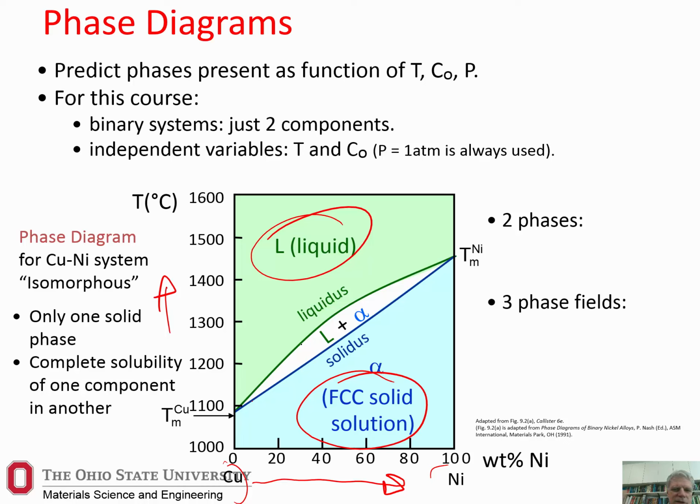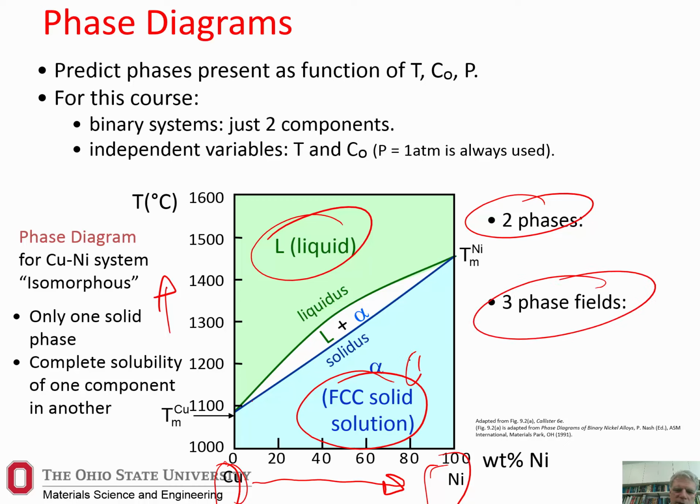These things tend to phase segregate. The compositions are not uniform. So you've got two phases, a copper-rich phase and a nickel-rich phase, and you've got three phase fields. One down here is all solid. Here it's the mixed phase field, and the third one up here is the all liquid phase field.